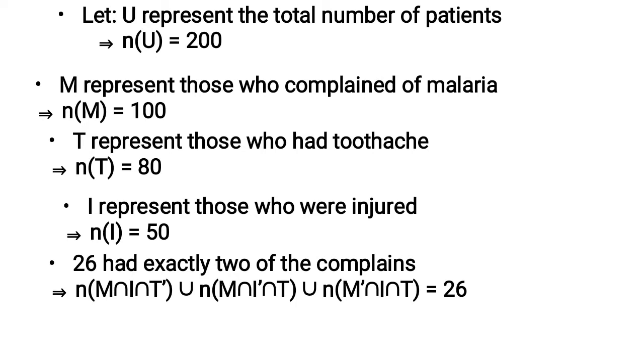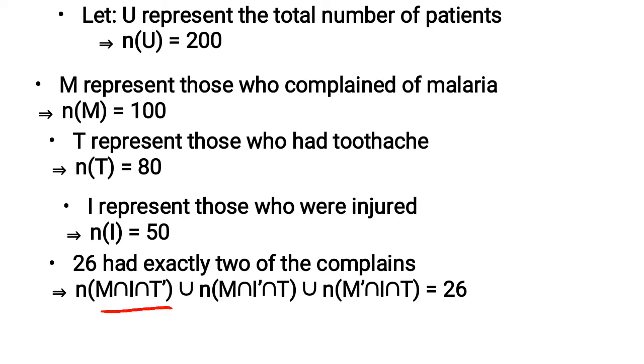Then 26 had exactly 2 of the complaints. That is number of M intersection I intersection T complement, meaning we have removed T. Because T has been removed, we are left with M and I only. So that is M intersection I only.